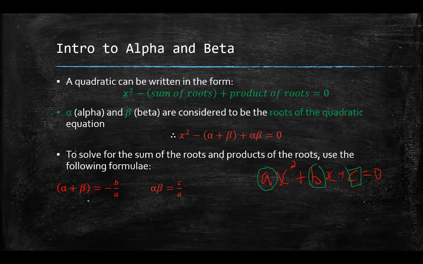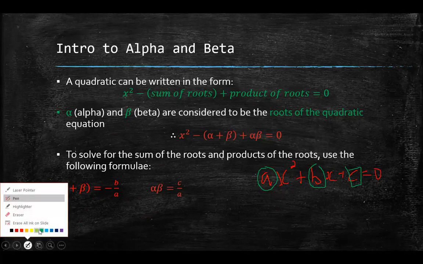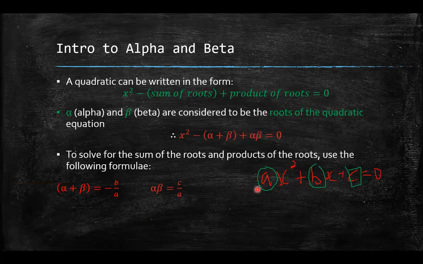So when looking for the sum of the roots and the product of the roots, you have to follow these formulae. The sum of the roots is minus b on a. So you identify b and you identify a, for the formula minus b on a, to find the sum of the roots.